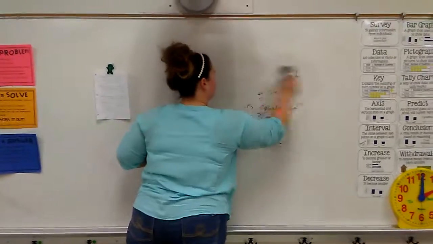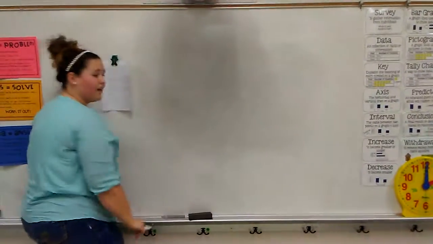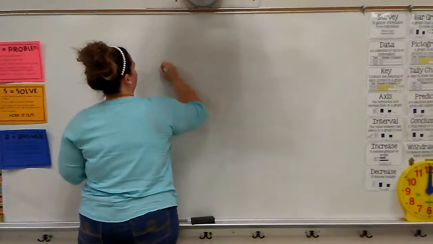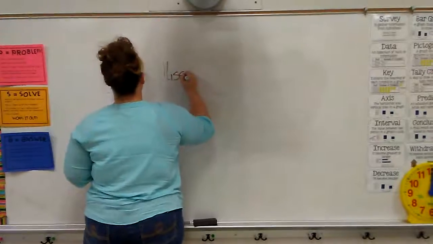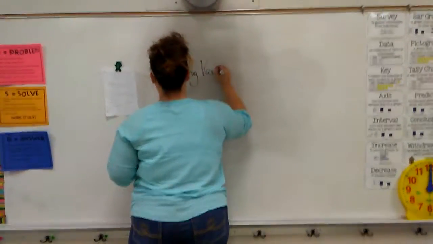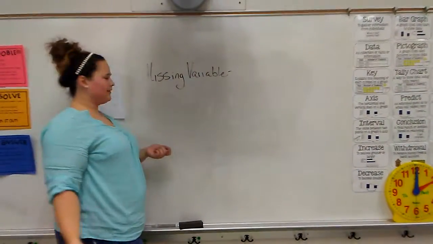Now that we've talked about equations, let's talk about something else. A variable. Ooh, a spooky term. Not just a variable, but a missing variable. Now, what is that, y'all might ask, huh?